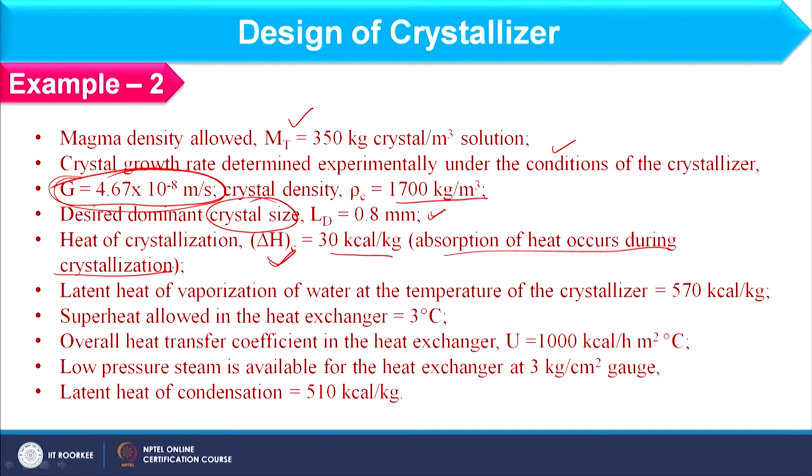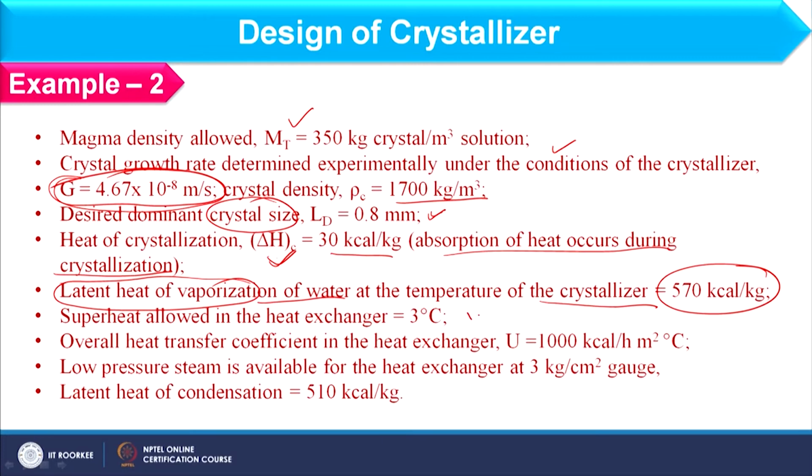So, crystal takes this heat, and further we have latent heat of vaporization of water at temperature of crystallizer, which is 570 kilocalorie per kg. So, this heat is required for the water to be converted into vapor form inside the crystallizer when evaporation will take place, right.